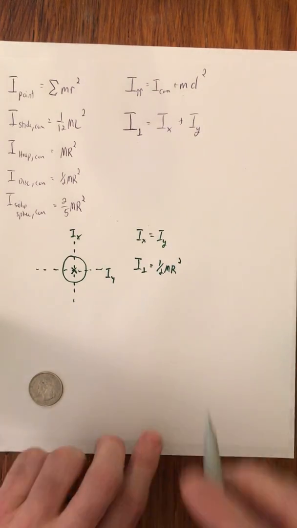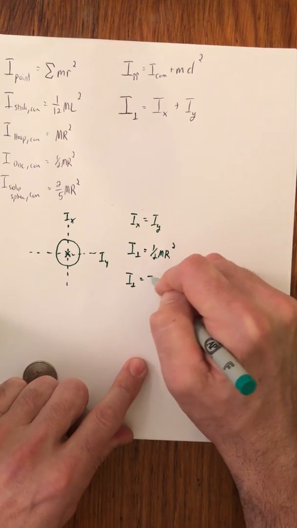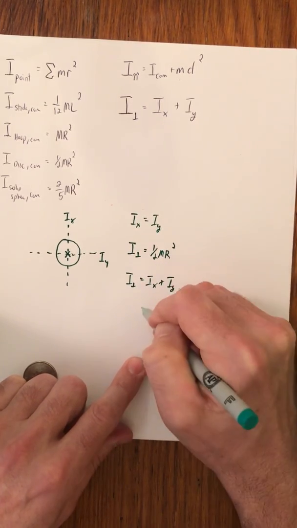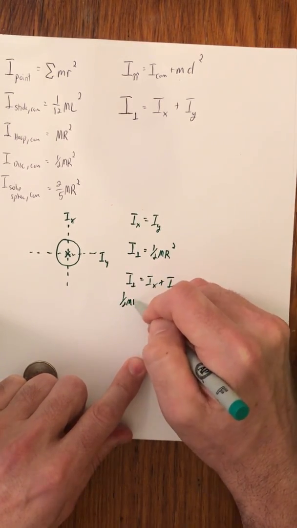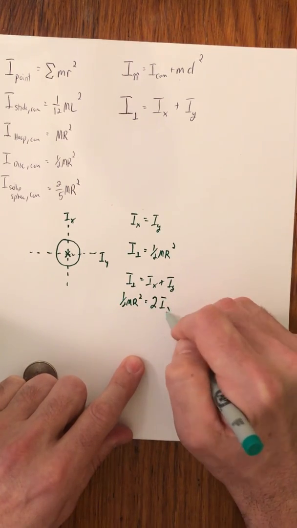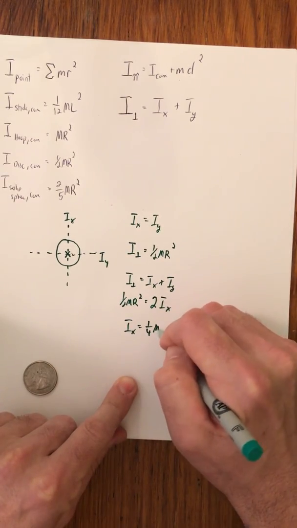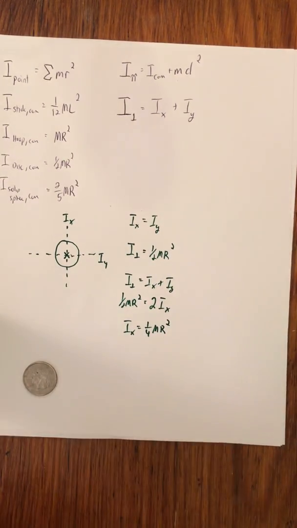So using my perpendicular axis theorem, I can see that I perpendicular is equal to Ix plus Iy, which would be 1/2 mr squared is equal to essentially 2 times either Ix or Iy, meaning a coin rotated in that way would be 1/4 mr squared.